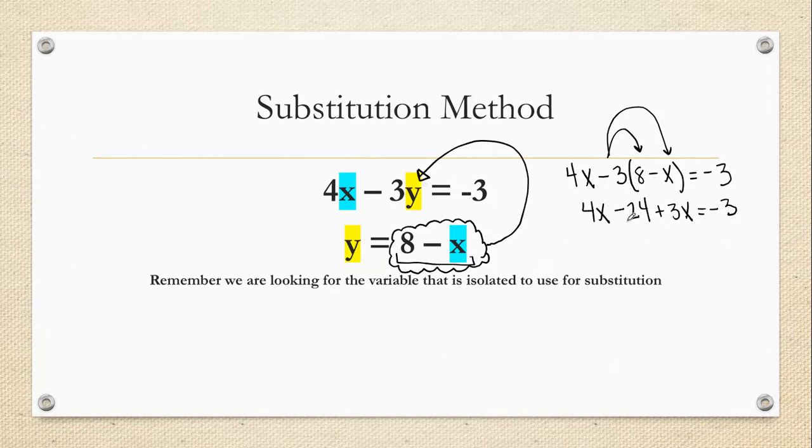I got 4x minus 24 plus 3x equals negative 3. Combine like terms. 4x and 3x combined will give me 7x. So I have 7x minus 24 equals negative 3.